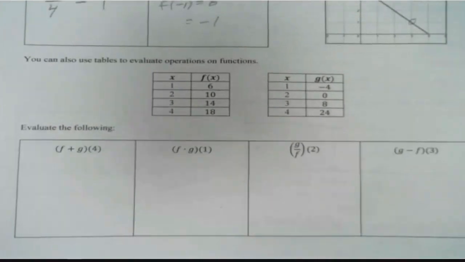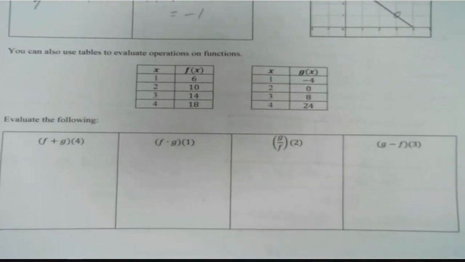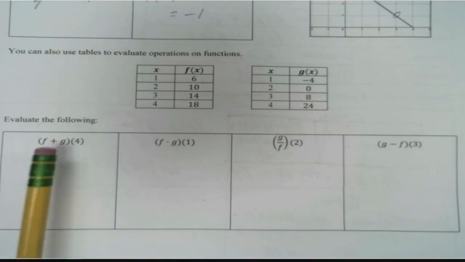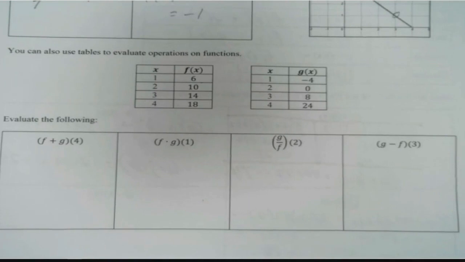You can also use tables. We can do equations. We can do graphs. We can do tables. So f plus g of 4 should be quicker than equations too, because we don't really have to calculate what those f and g's equal. Since we have a table, it tells us what they equal. So it's f plus g of 4. 42.